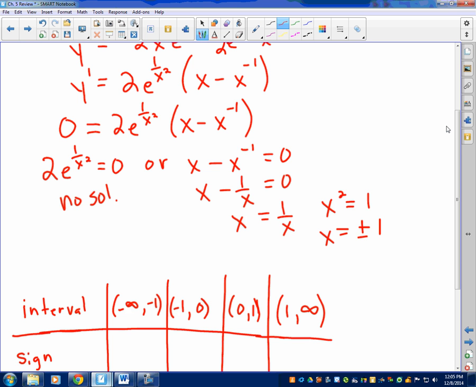It's going to just get squared, so it's going to be e to the 1/4, which is positive, times 2, which is still positive. Plug in my -2 here, that's going to be -2 minus 1 over -2, so -2 plus 1/2. That's going to be a negative number. So when I plug in -2, I'm getting negative.